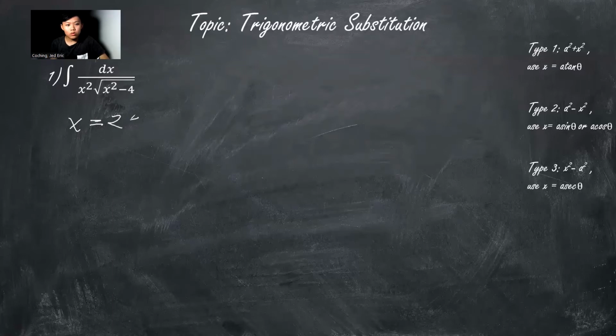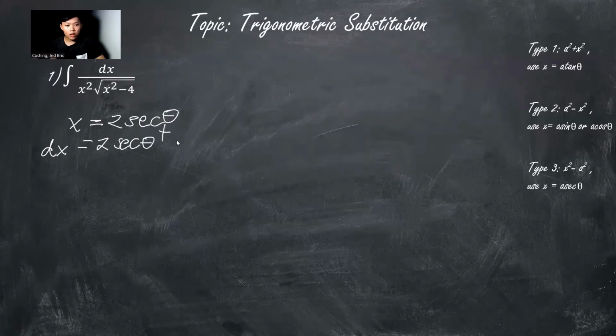So x equals 2 sec theta. And then we need to find the derivative of this. So dx is equals to 2 sec theta tan theta d theta.